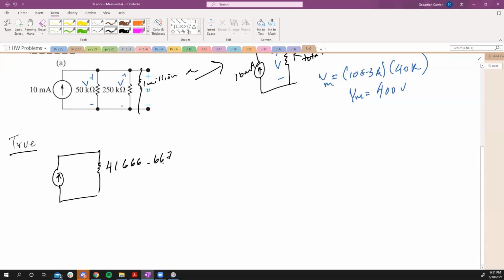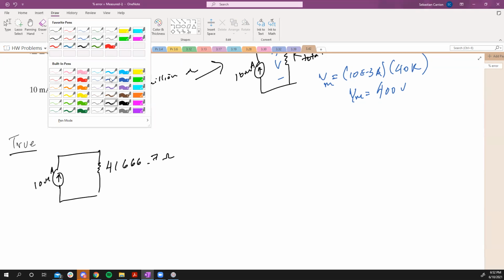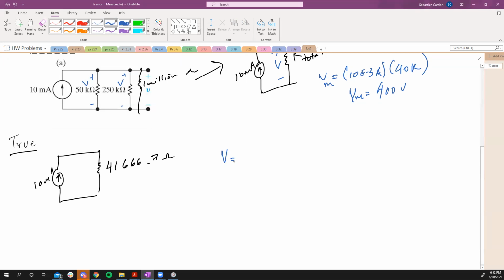I just rounded it off, but I'm going to round it off here. 10 milliamps. So then our voltage would be 10 milliamps times 41666.7, or whatever's in the calculator exactly.